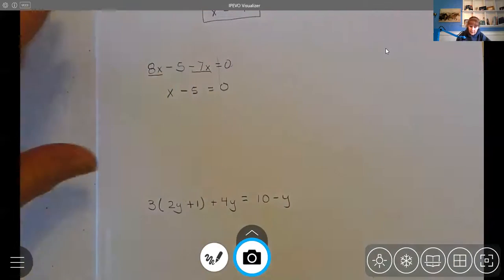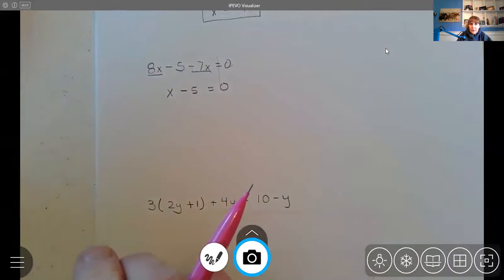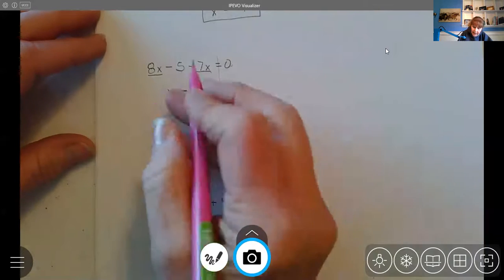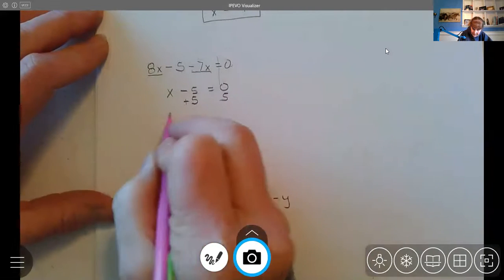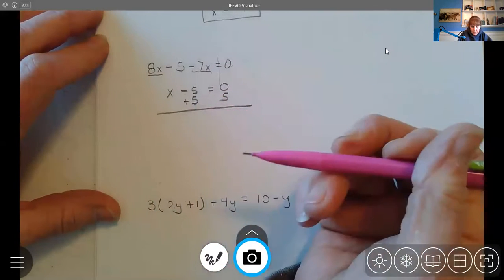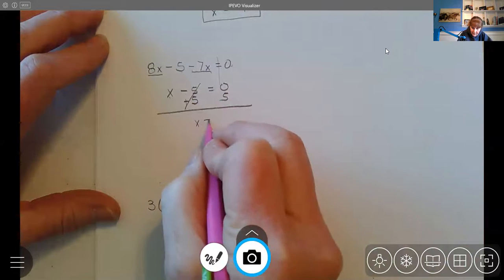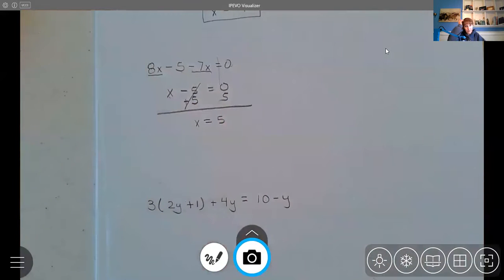Again, I'm not going to erase it, we'll leave it. Here we've simplified. Now all we have to do is get the x by itself. So we're going to get rid of the subtract 5 by adding 5. Minus 5 and a positive 5 is 0. The x is now all by itself. 0 plus 5 is 5. So your answer is 5 here.